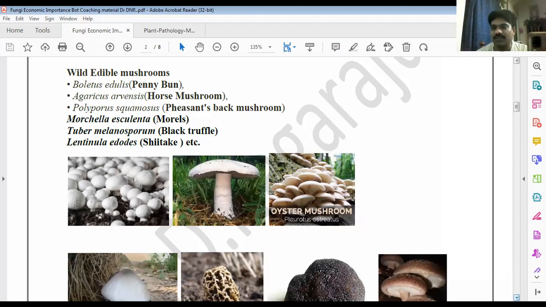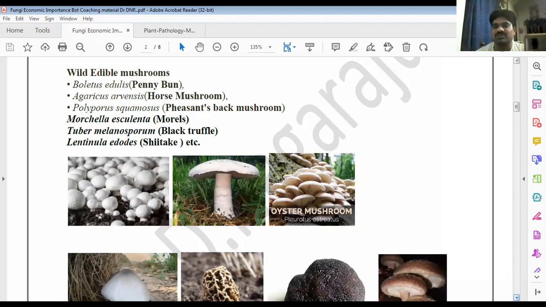So be careful while collecting wild mushrooms to eat. You know, the bad will always attract. The bad, that means poisonous mushrooms, are very colorful and attractive, in red, pink, yellow colors.